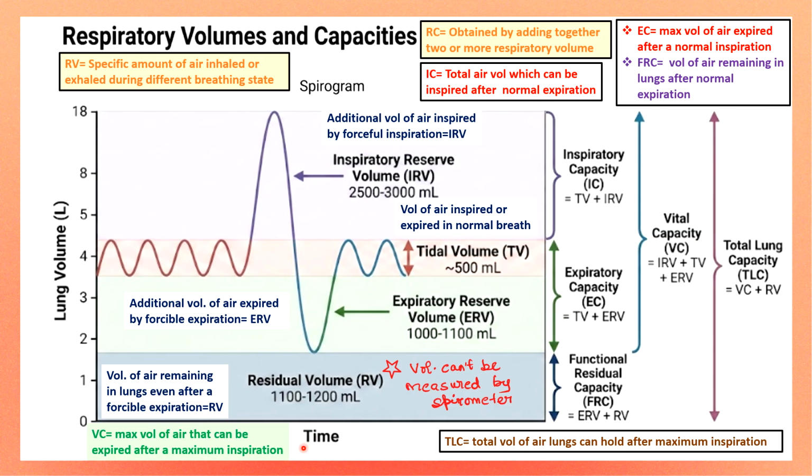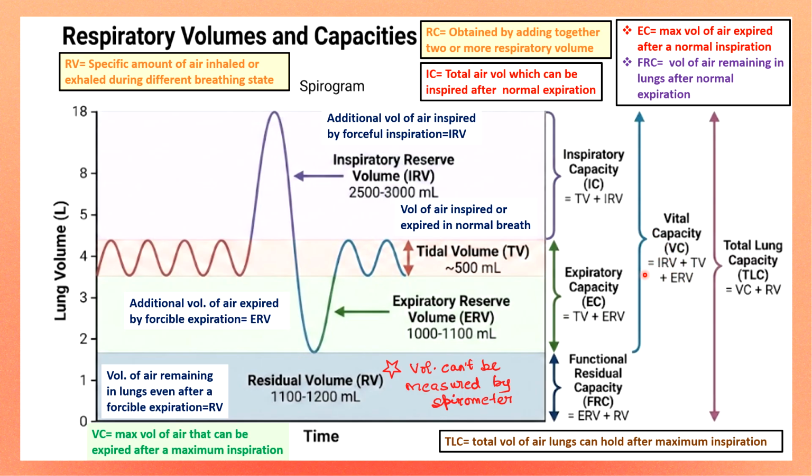You have done a maximum inspiration, how much volume of air can you expire? The tidal volume will come, and the extra air which we have inspired, the IRV plus ERV, however much we can forcefully give out, that is taken together.